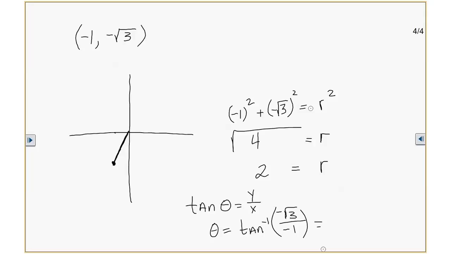What's it, 240? Is that right? 240 degrees. Well, the reference angle is 60 degrees right here, but it's around this way, so 60 plus 180, which is 240.